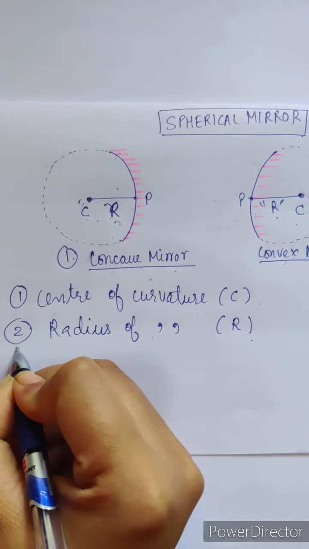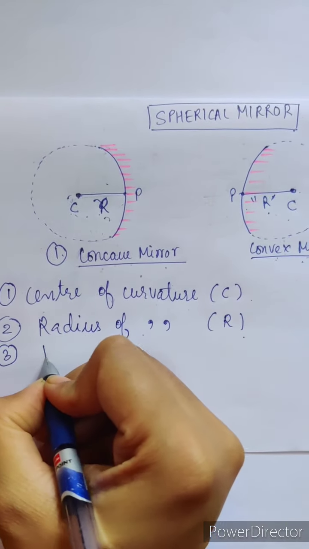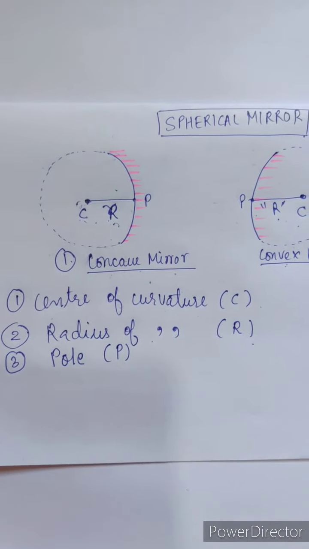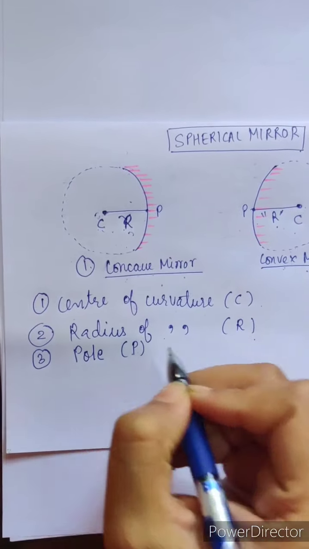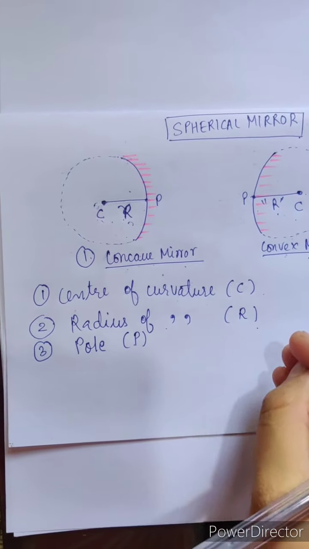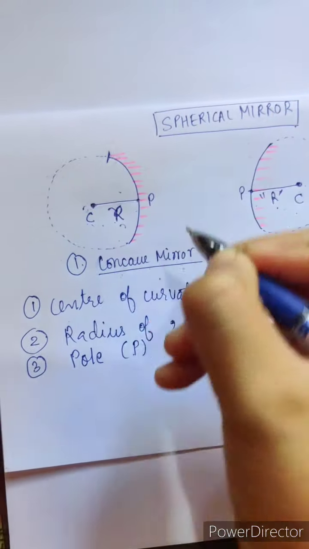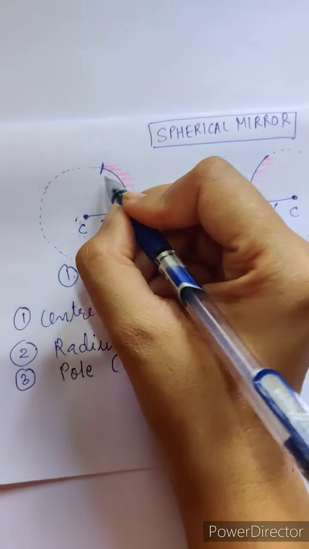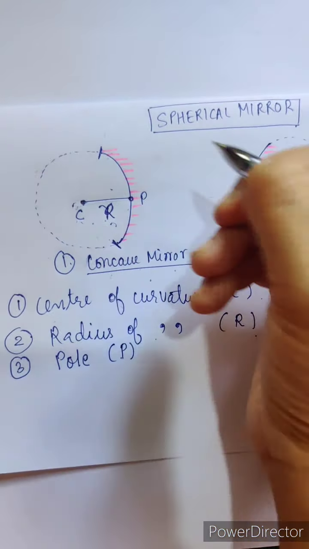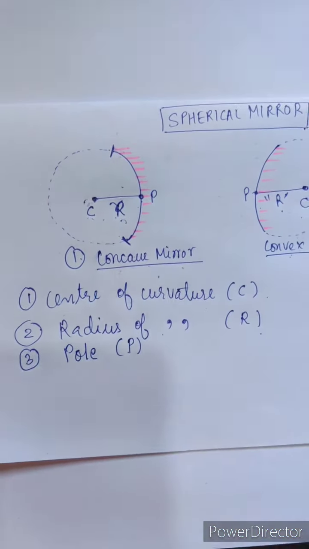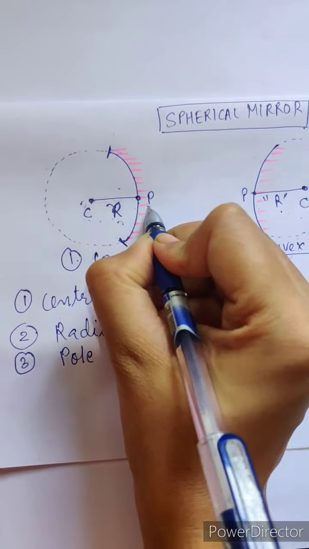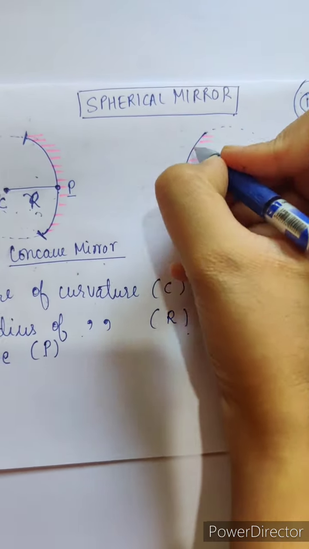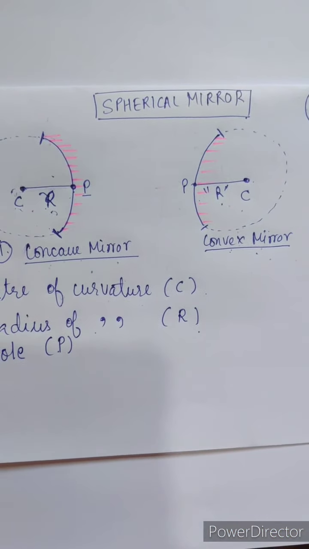The next term that we are going to study is pole, which is denoted by capital P. Pole is nothing but the center of the reflecting surface. For example, from here to here is the reflecting surface of the concave mirror. So the center of this whole reflecting surface of the concave mirror will act as the pole. Similarly, in the case of a convex mirror, from here to here is the reflecting surface.